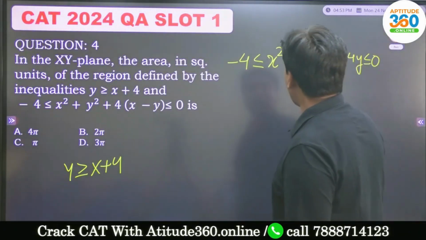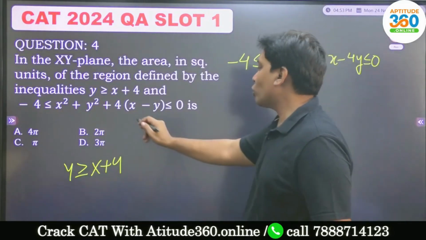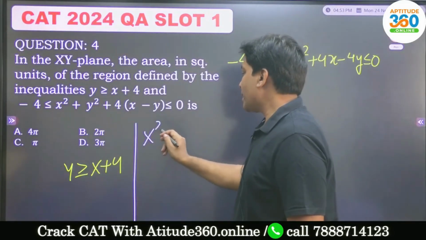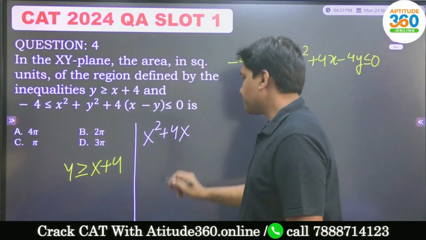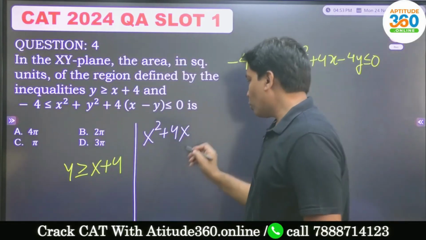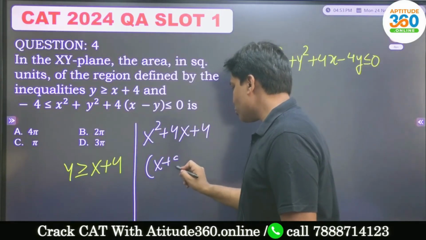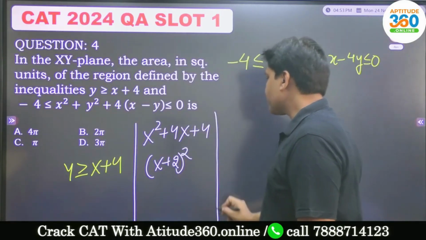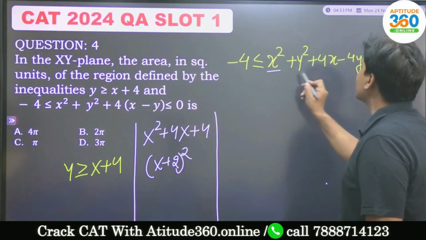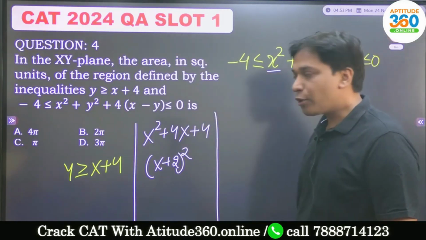If you look at this, probably you have got x square plus 4x, right? Had you had 4, then this could have been x plus 2 whole square, isn't it? So these two terms are taken care of.